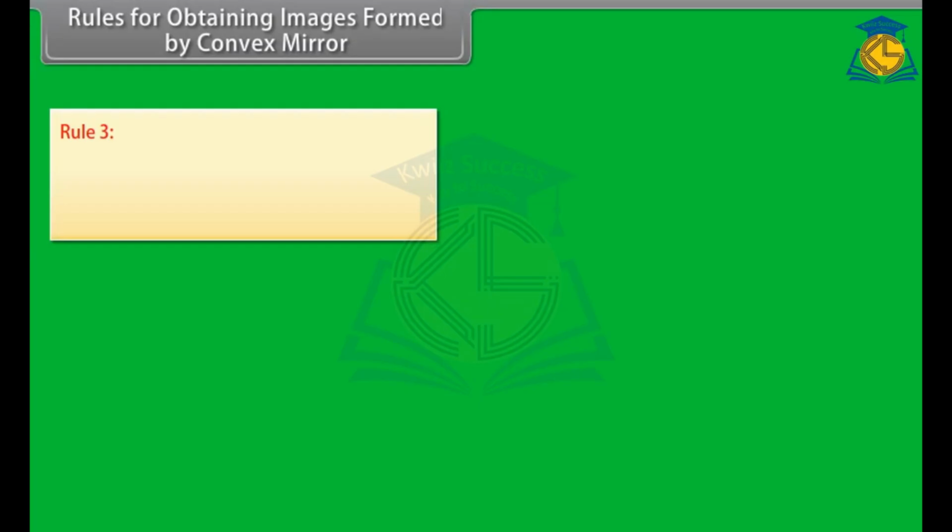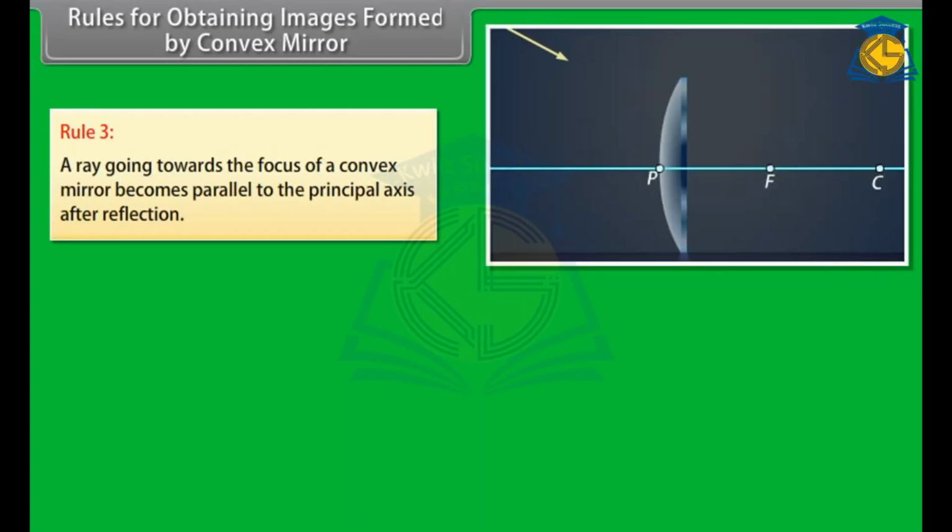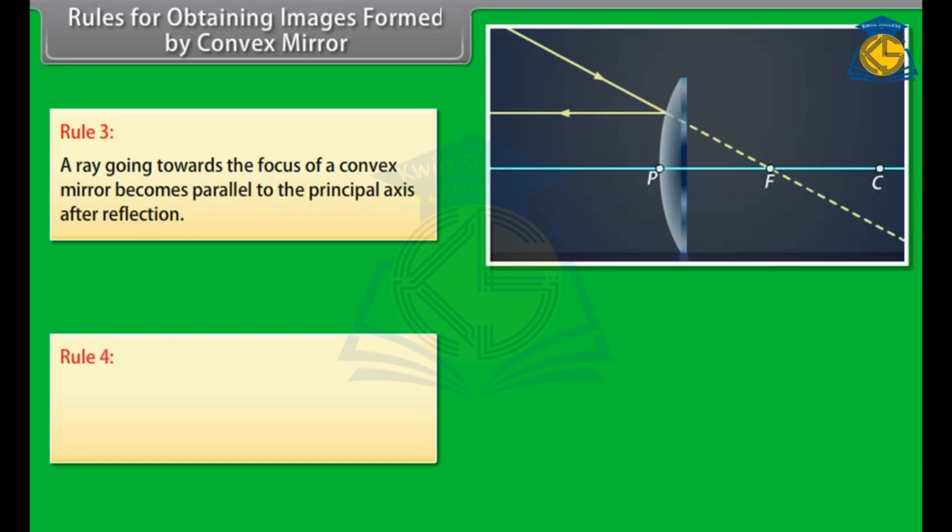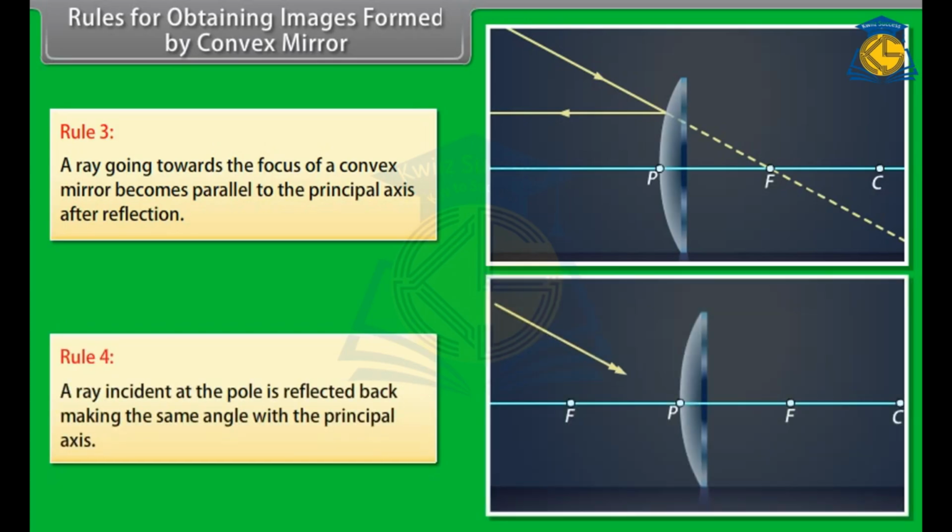Rule 3: a ray going towards the focus of a convex mirror becomes parallel to the principal axis after reflection. Rule 4: a ray incident at the pole is reflected back, making the same angle with the principal axis.